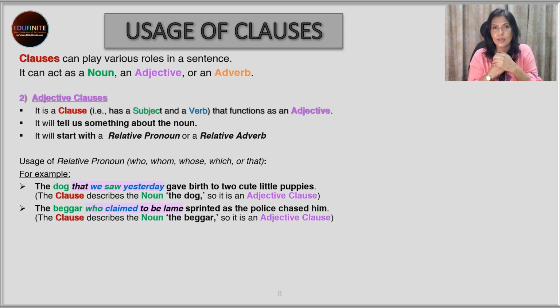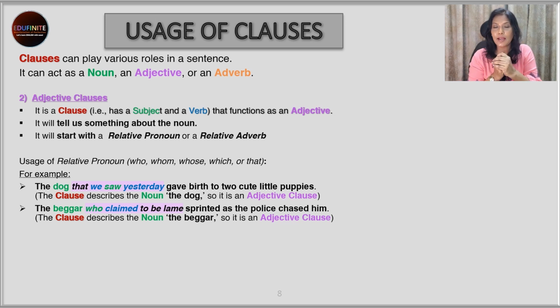Suddenly the police comes in, and maybe he's a known face who cons people with this unique acting of his, and he chases the beggar. As soon as the beggar sees the police coming, he knows he's going to be caught. So trying to save himself, he sprints.